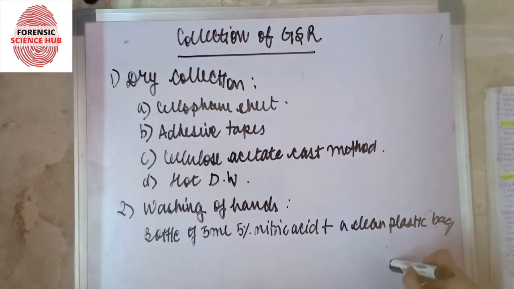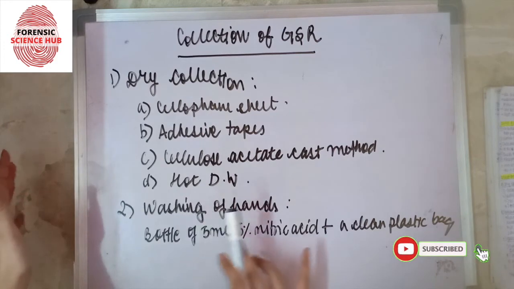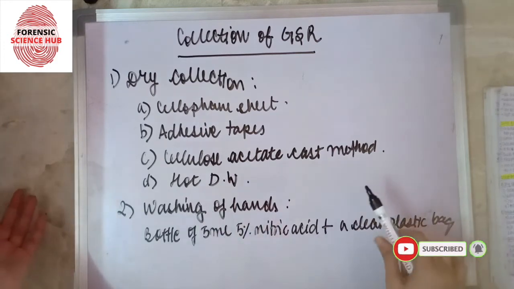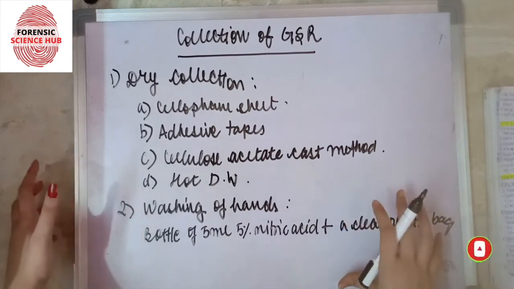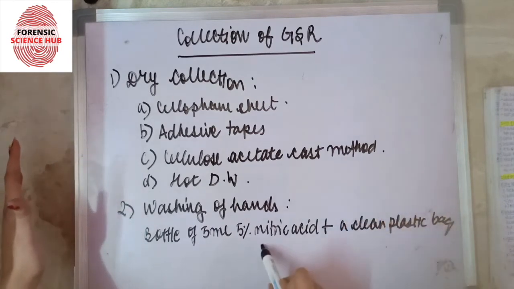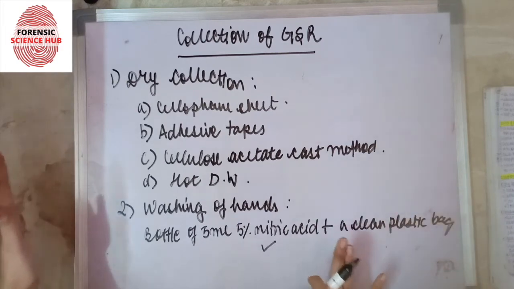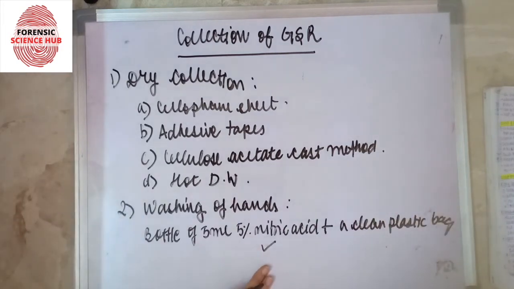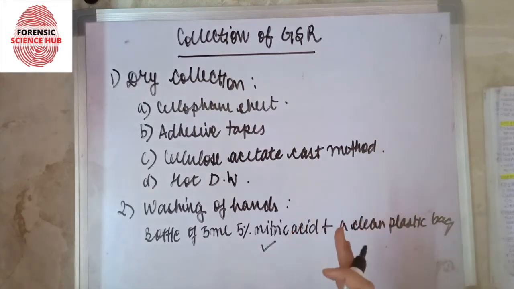After that the person's hand is dipped into this bag and proper washing is done for around 4 to 5 minutes until we think that all the residues have come into this solution. After that the solution is analyzed. There's one limitation of this method: we cannot determine which portion of the hand actually had the residue, because the entire hand is dipped at once.